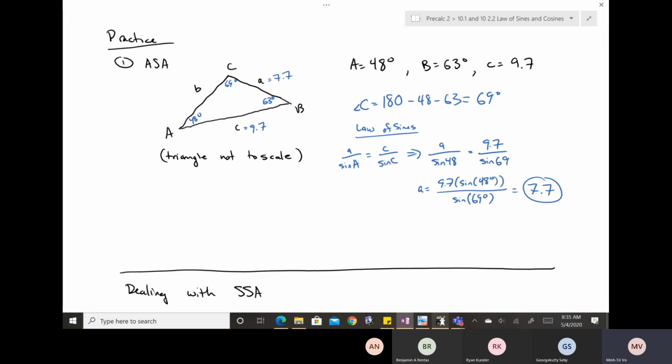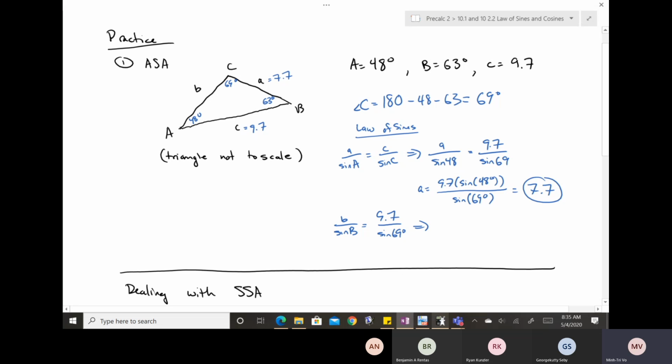And then what about side B? We can do the same thing, right? B over sine B, we relate it to C. So it's equal to 9.7 over sine 69 degrees. So let's calculate this.